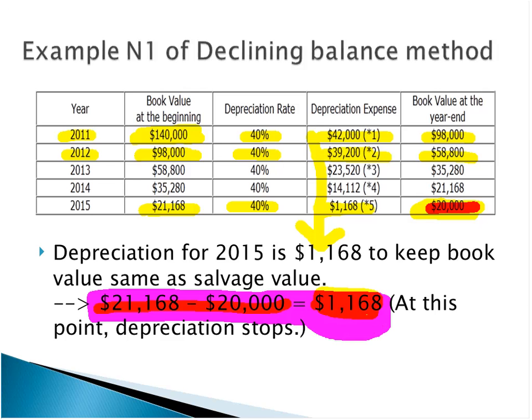We can do this in accounting if we are planning to resell any kind of asset. So the formula would be changed for the year 2015. Okay. But in this situation, because the assignment says that we are going to sell it for 20,000.